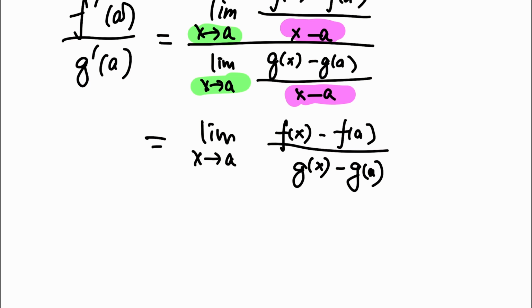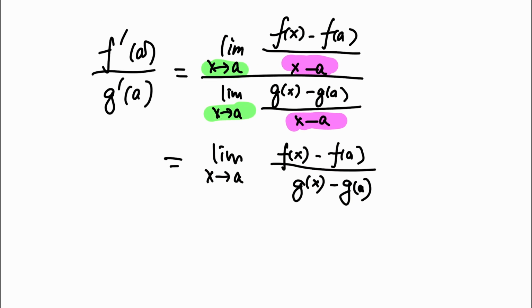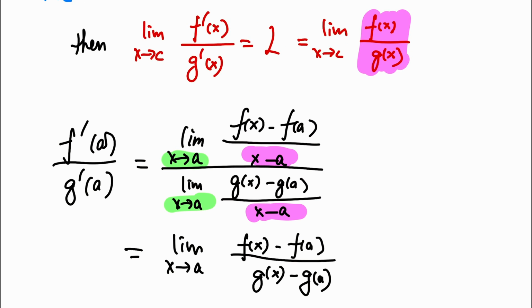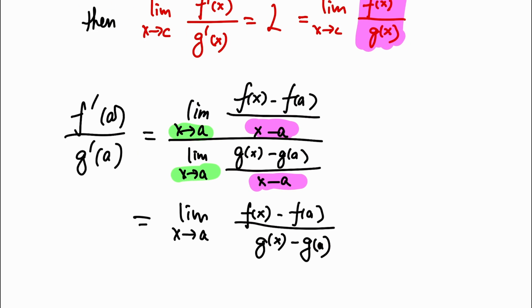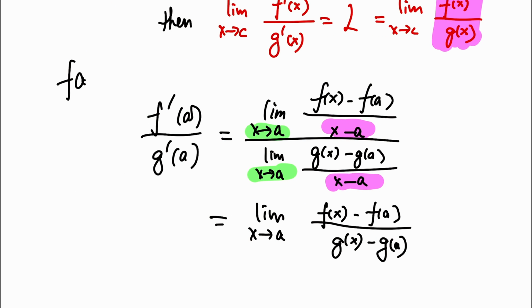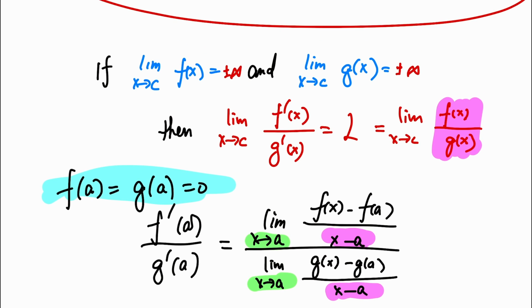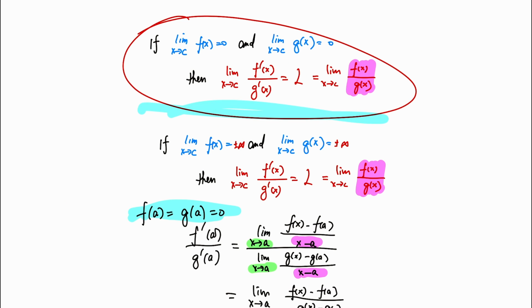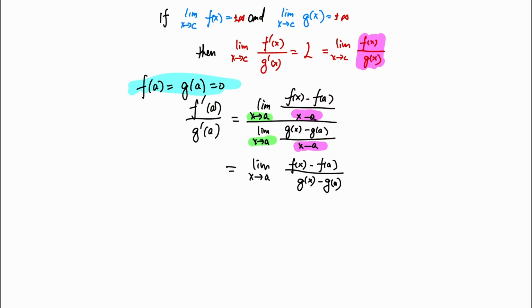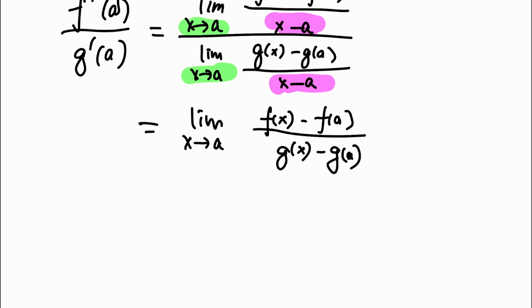How do we do that? Well, we've assumed that both f of a and g of a are 0, because when we're applying L'Hôpital's rule, we first assume that this is true. Over here, we said that we are proving this first case. So both this and this are equal to 0.